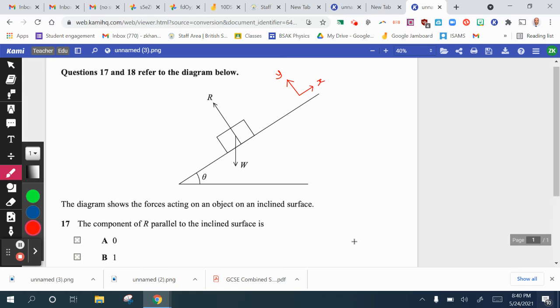But R is primarily all in the direction which is perpendicular to the surface, and none of the force R is in the horizontal direction.